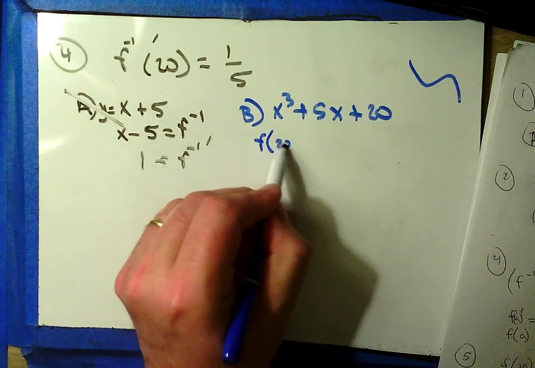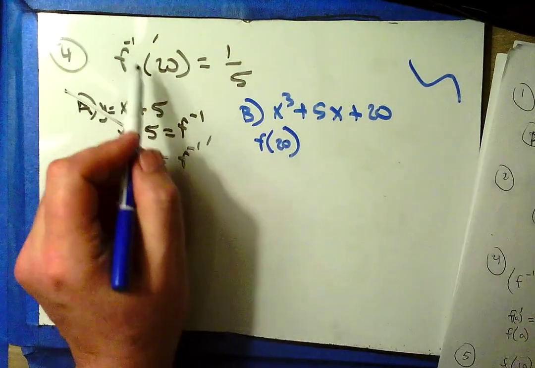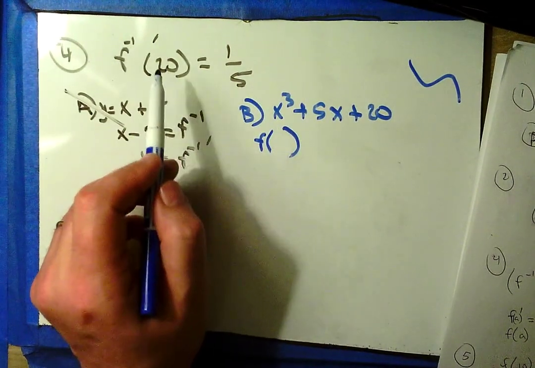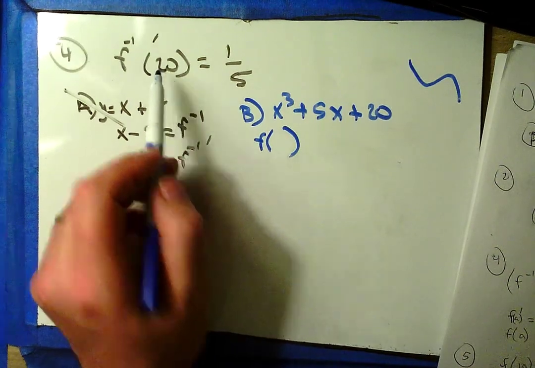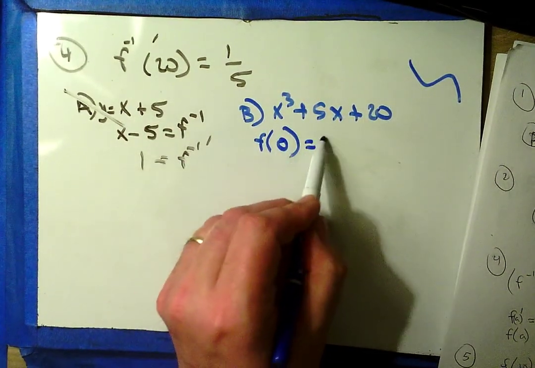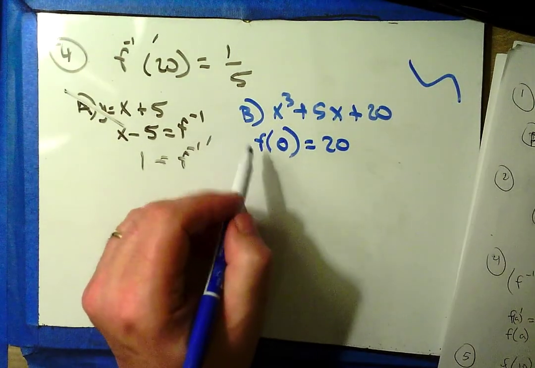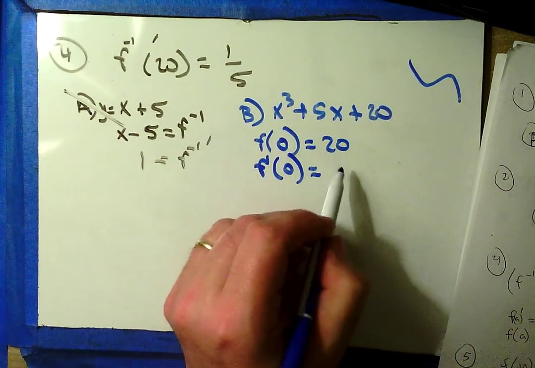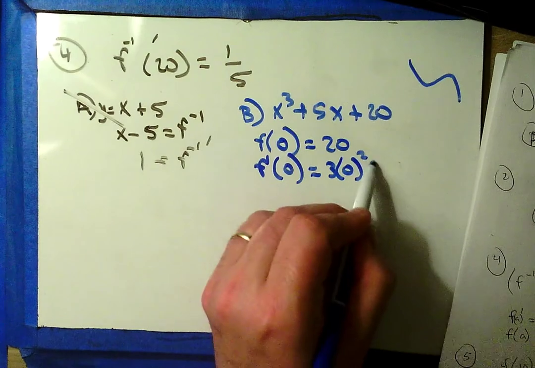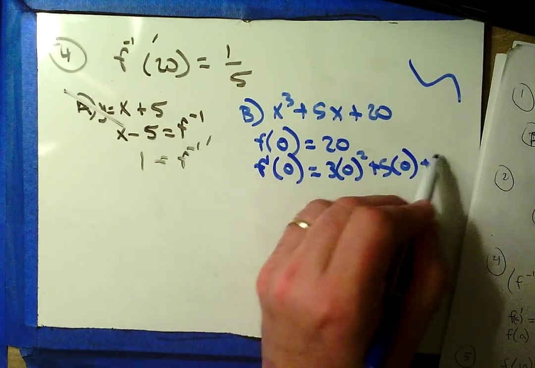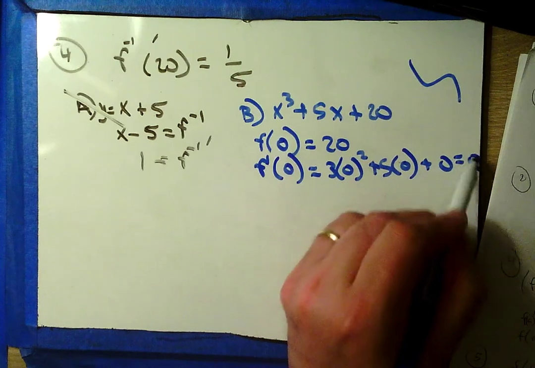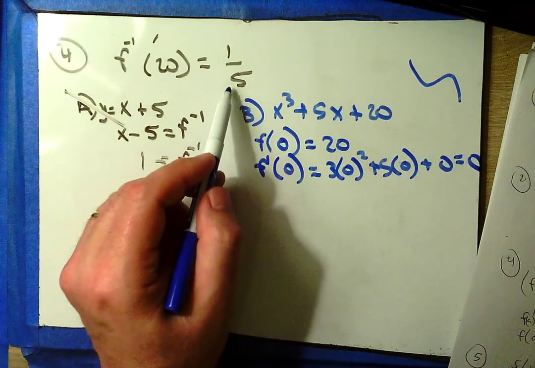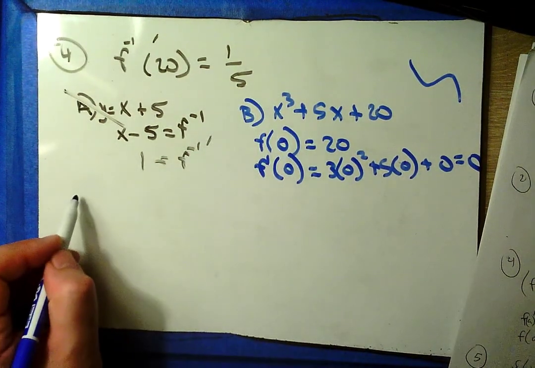So f of 20, oh, that's f inverse prime of 20. Is there a point on f where the y value is 20? Well, sure, there's a point at 0 when the y value is 20. So what's the slope at 0 on the original function? Well, that would be 3 times 0 squared plus 5 times 0 plus 0, which looks a lot like a 0 slope there. And I need a slope of 1/5. So that one doesn't work out.